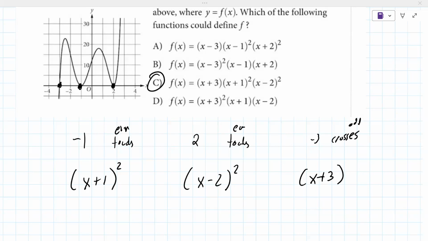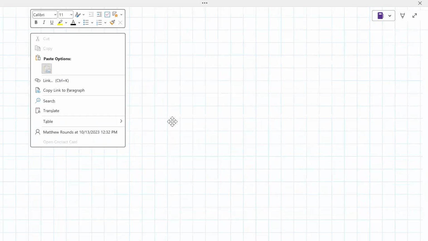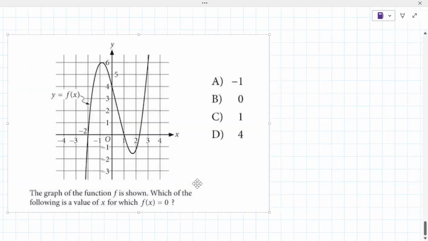All right, next thing is just another polynomial graph here. All right, something a little bit different, which is kind of what we started out looking at. Go ahead and let me know what you come up with.